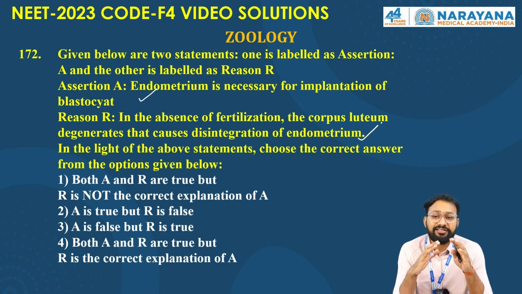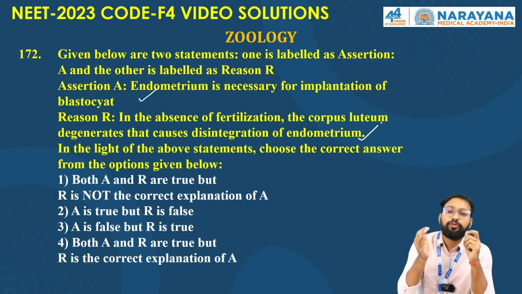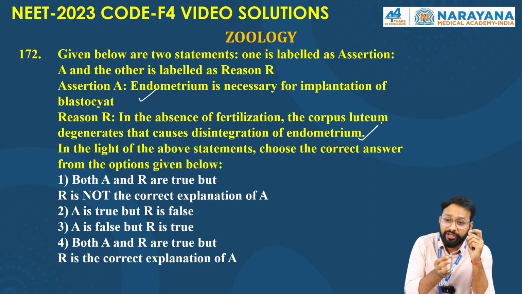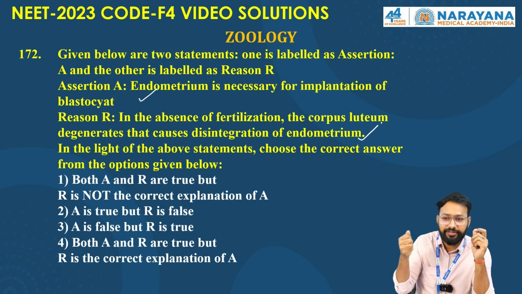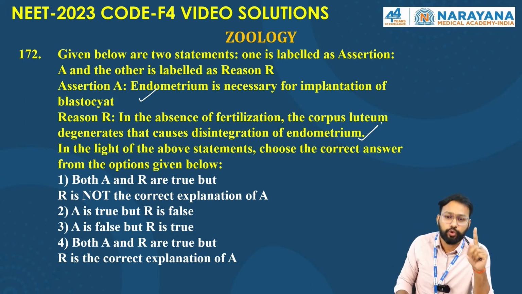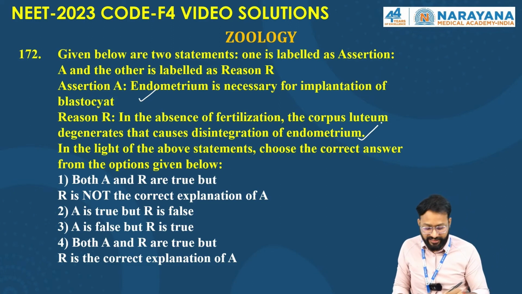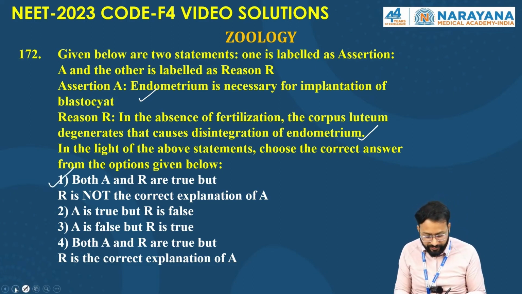But here it is not explaining the correct reason. The correct reason should be that the blastocyst embeds into endometrium and gains nourishment. So both the statements are true, but it is not a correct explanation. So option 1.